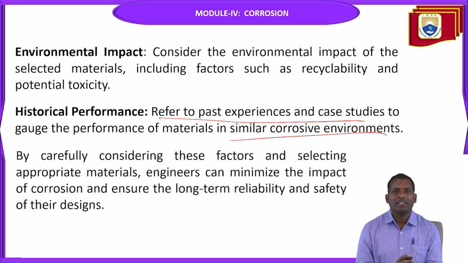So by selecting the material, you should carefully consider all these factors, and then your design will be successful. Without considering these factors, if you design any component, what will happen? Finally, the component will fail.